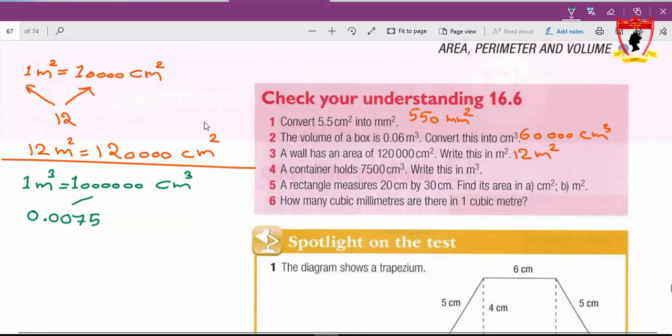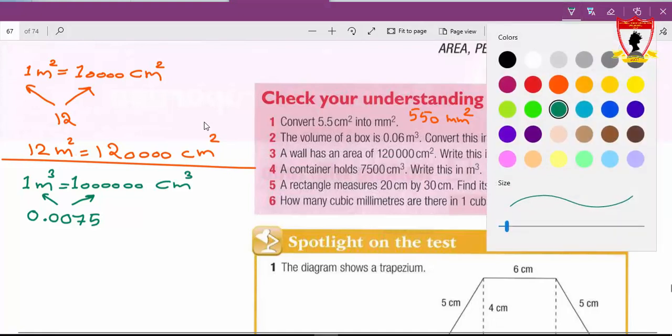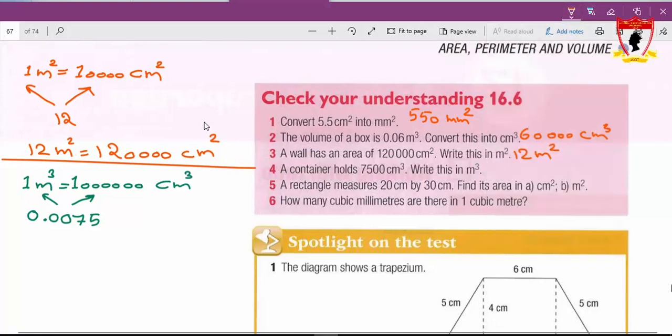So we must multiply both sides by this number. When we multiply the side by this number, look to double check the answer. There are 4 decimal places, that cancels 4 zeros. It means on the other side we will have only 75 times 100, that gives 7,500 centimeter cube.